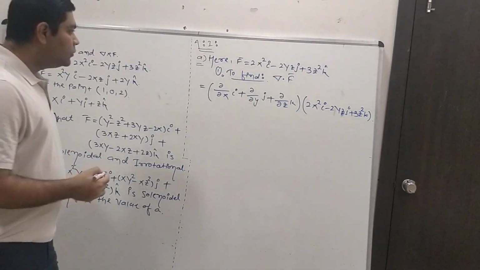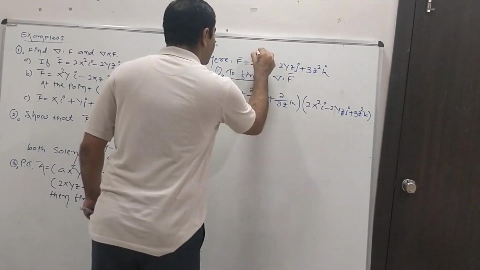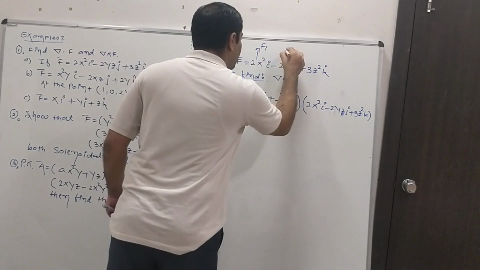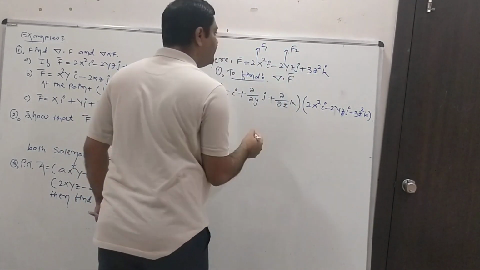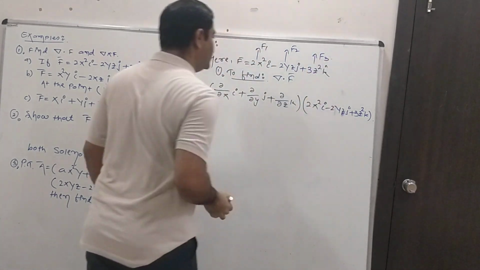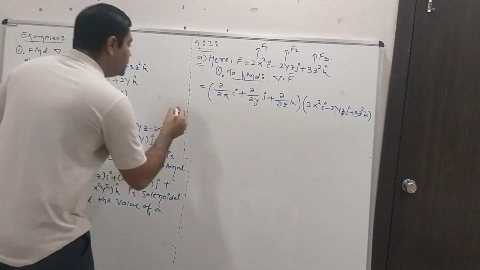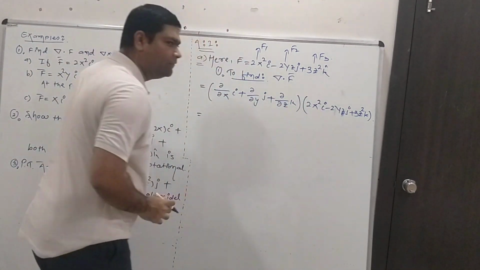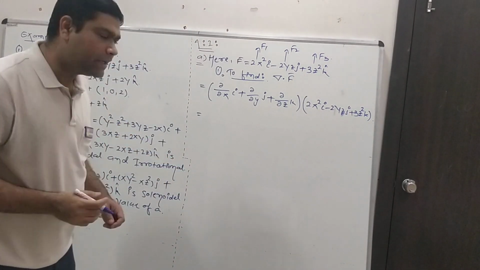Okay, now this is our f1, this part is our f2, and this is our f3, students. Now we'll write i dot i becomes 1. We saw this in the previous lecture.